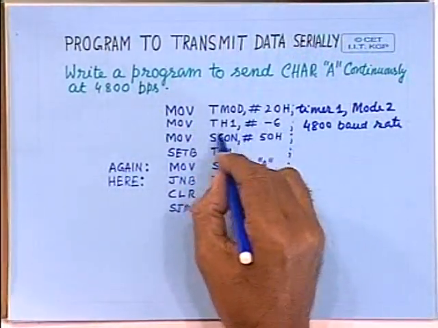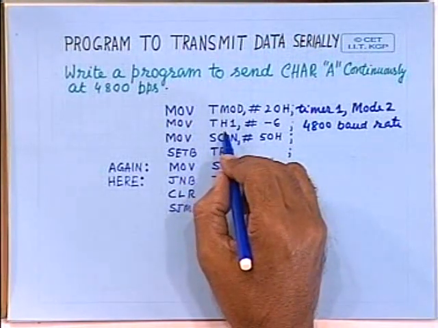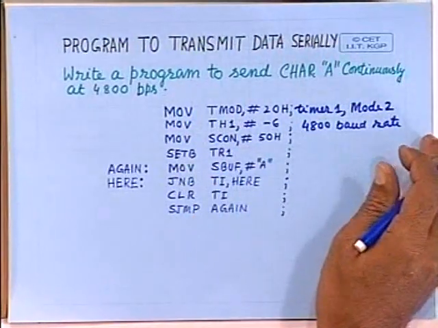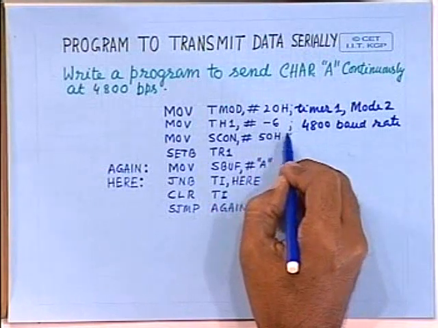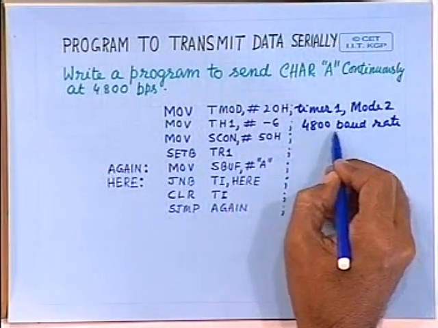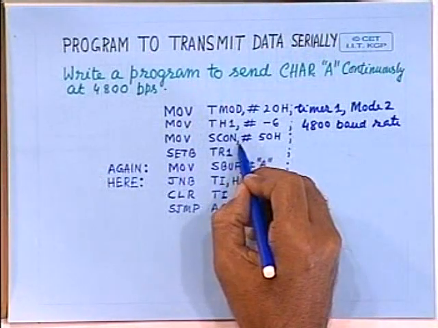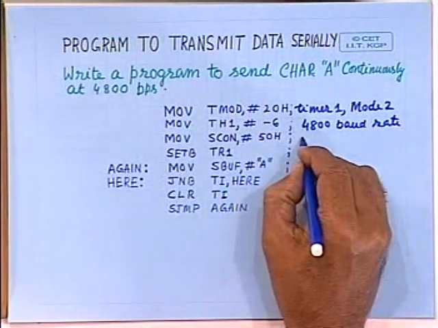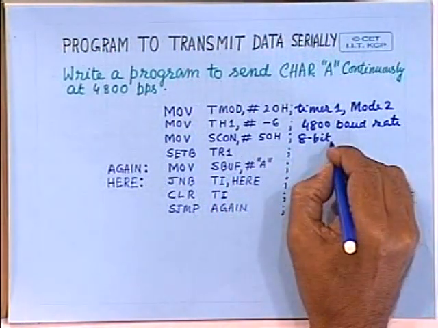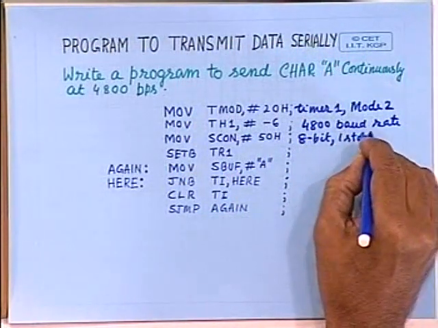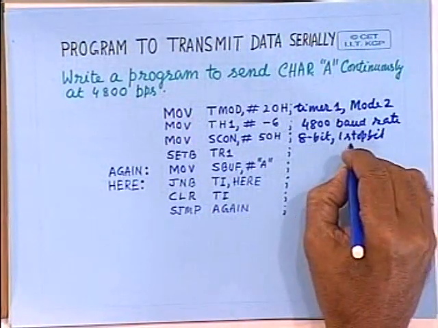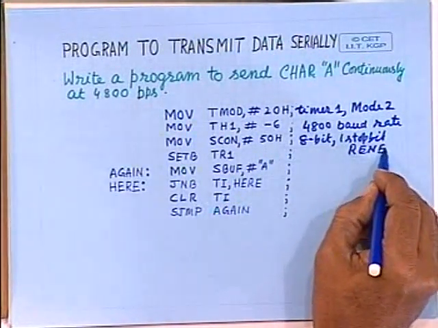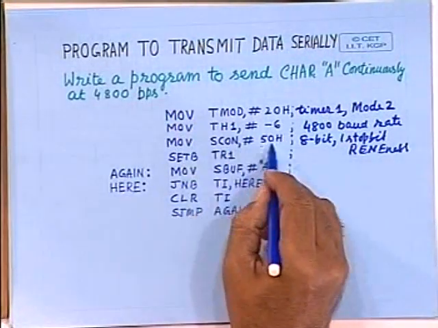This particular instruction loads the higher order byte, that is the TH1 register. This is also a special function register. As I explained in the last lecture, you can load it and configure it for baud rate 4800. Then you configure the serial control register for 8-bit data, 1 stop bit, and you enable the REN signal, receive enable.